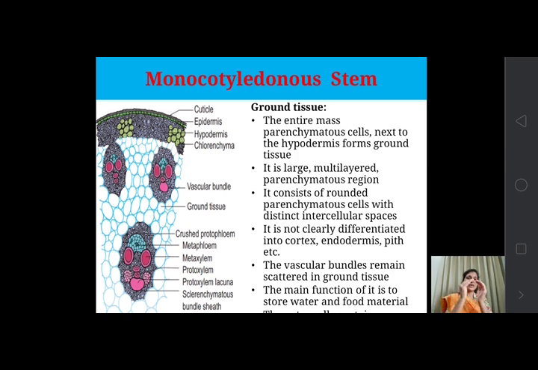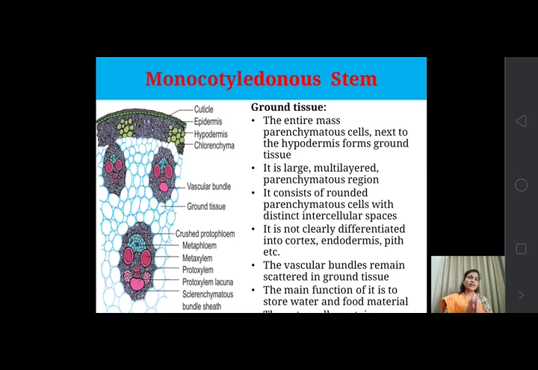They are not specific at the center, they are not specific under the endodermal or pericycle region. But due to the absence of pericycle, endodermis and all these things in the maize stem, the vascular bundles remain scattered everywhere in the ground tissue.